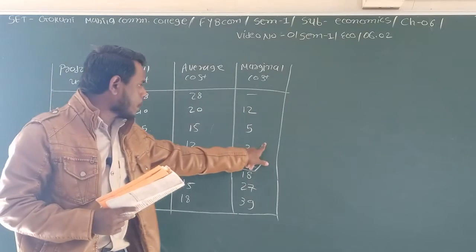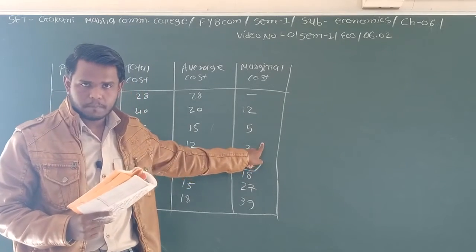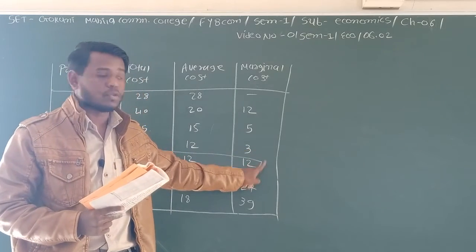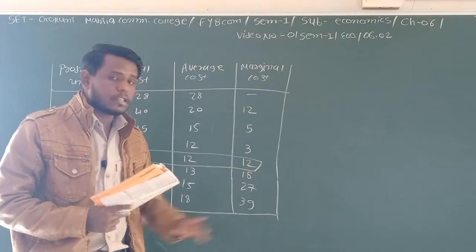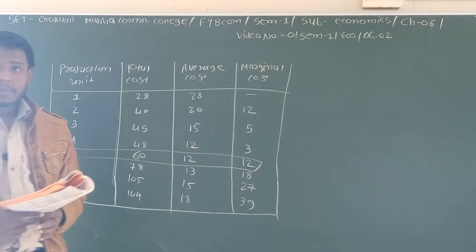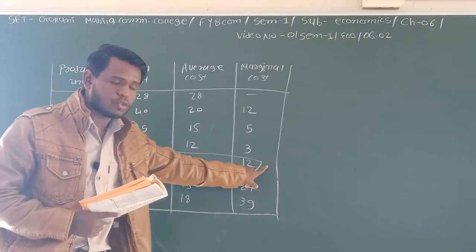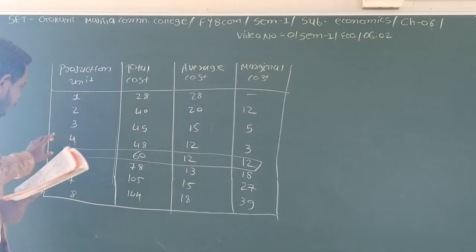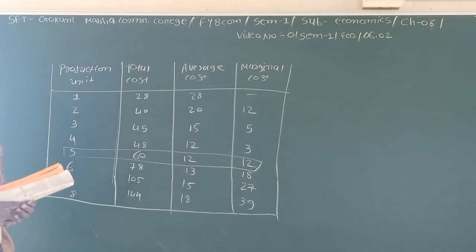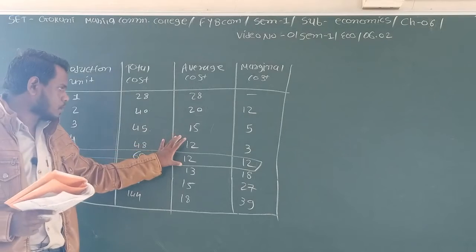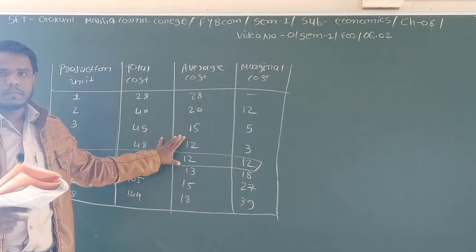So here your marginal cost is rupees 3 at the 4th unit and your marginal cost is rupees 12 at the 5th unit. So basically your average cost is rupees 12.